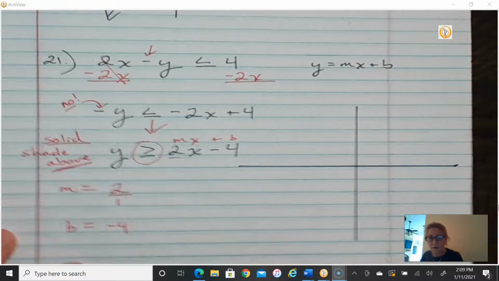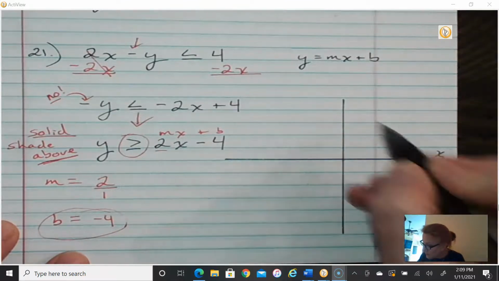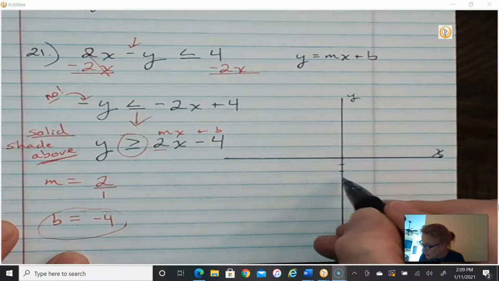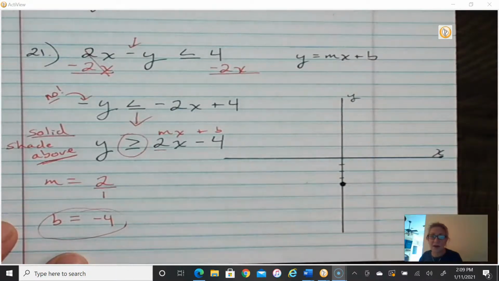So what's the first thing that I put on there? That's right, your y-intercept. That's first. So I'm going to come down here. 1, 2, 3, 4. Putting my first little dot right there on the y-axis because the y-intercept is -4.